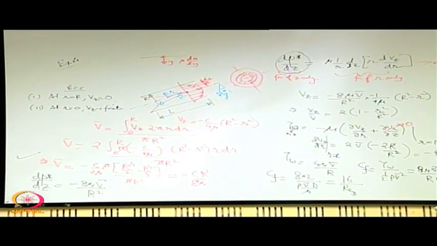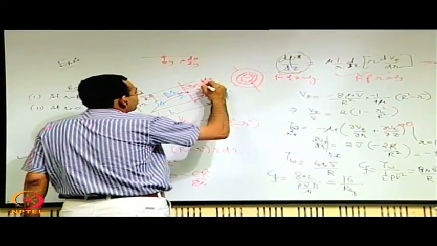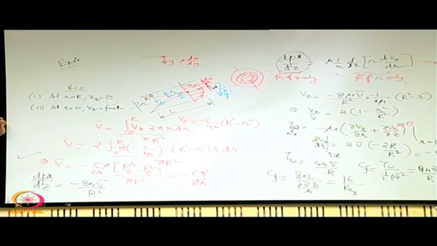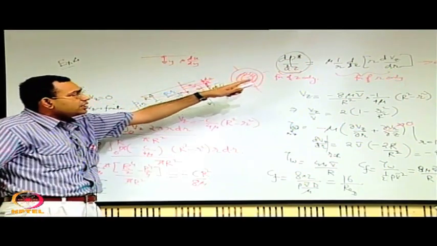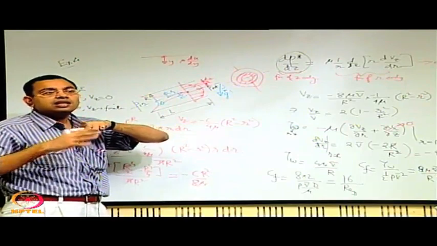What is this dP star dz? If you have pressure at the inlet as P in, pressure at the outlet as P out, and the distance over which this pressure difference exists is L, then first of all we could derive that dP star dz is a constant. That means P star versus z is a linear profile.